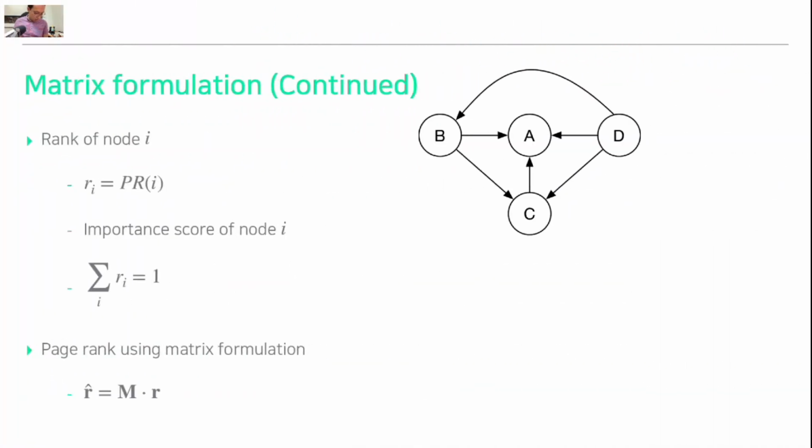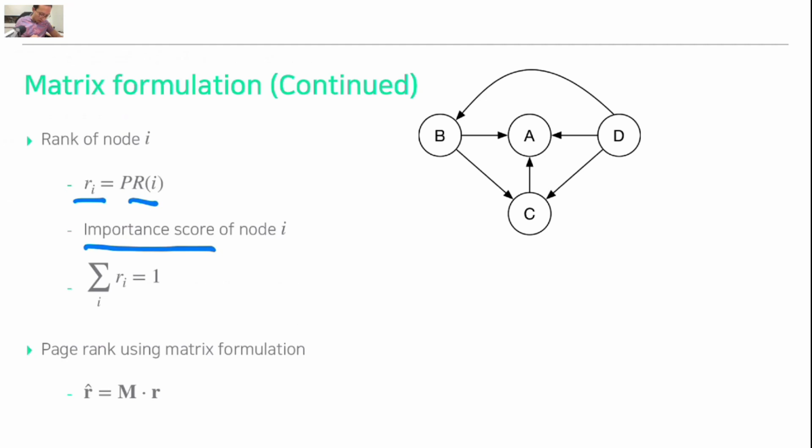So now we also introduce new notation, to represent the PageRank score using a one-dimensional vector. This is the same as the PageRank of node i, the importance score of node i.